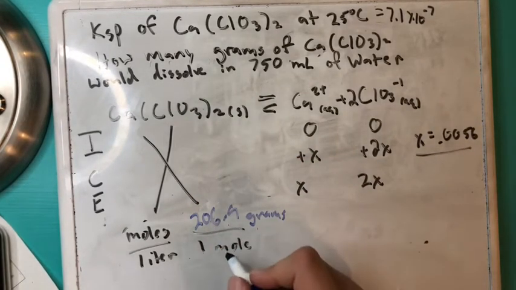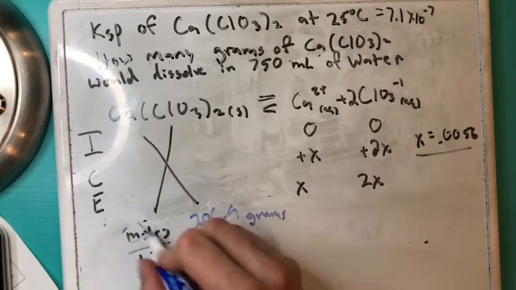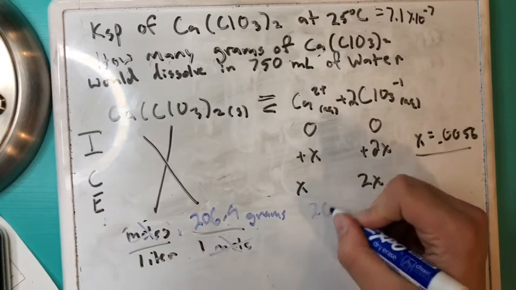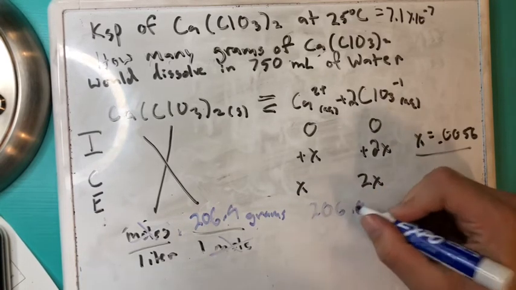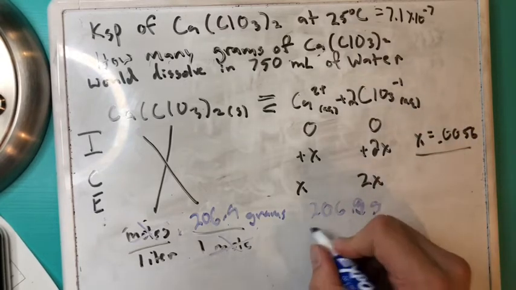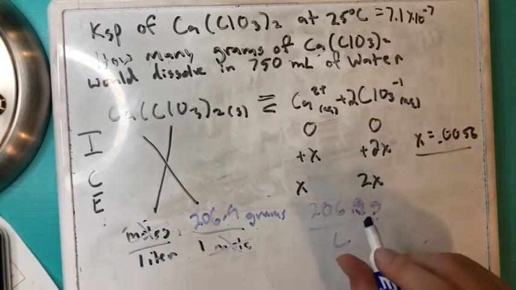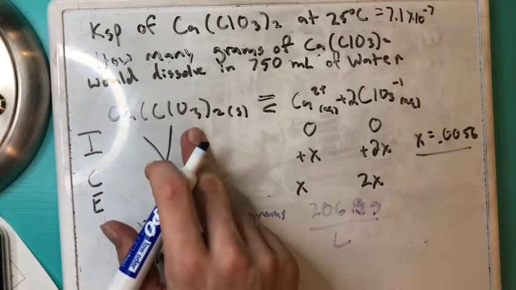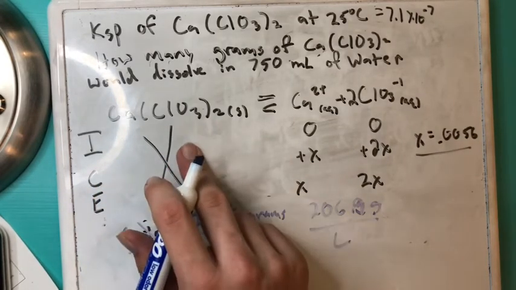So the mole and the mole cross out when we're multiplying them. So we find that 206.9 grams per liter. So this lost 206.9 grams per liter.